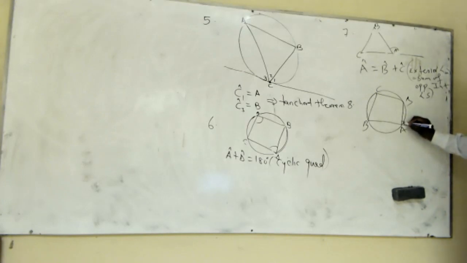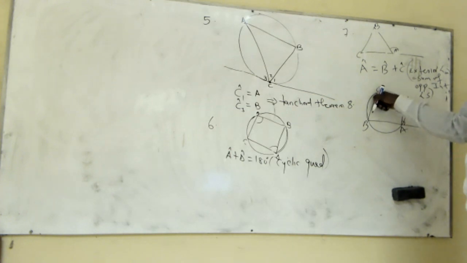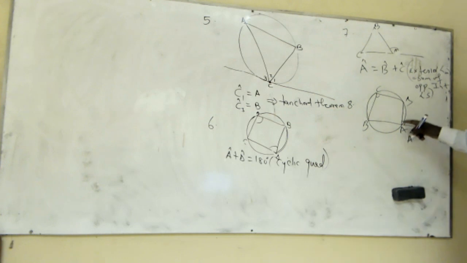So there's this angle here, and then the other angles there. The relationship we establish in this case is that this angle we have here is equal to angle C that we have there. So angle A outside the cyclic quad is equal to angle C, which is inside the cyclic quad.